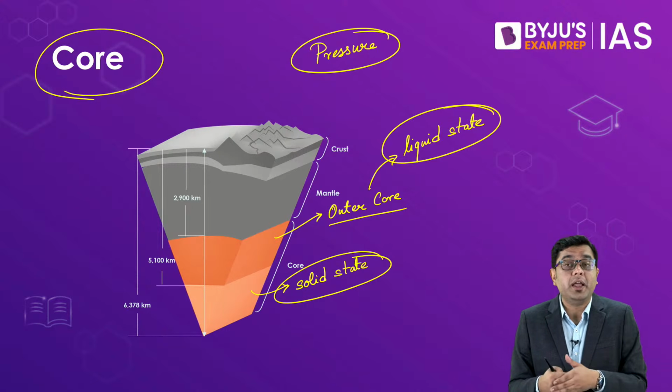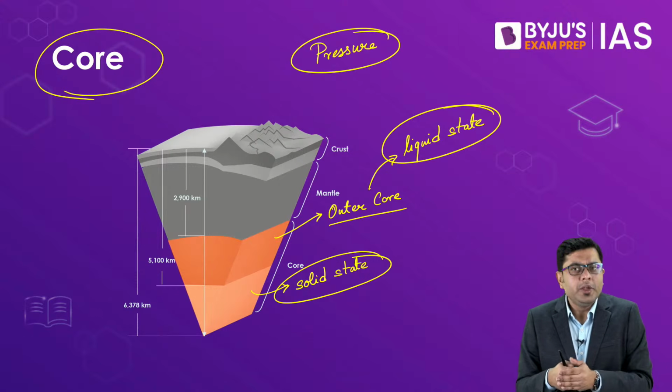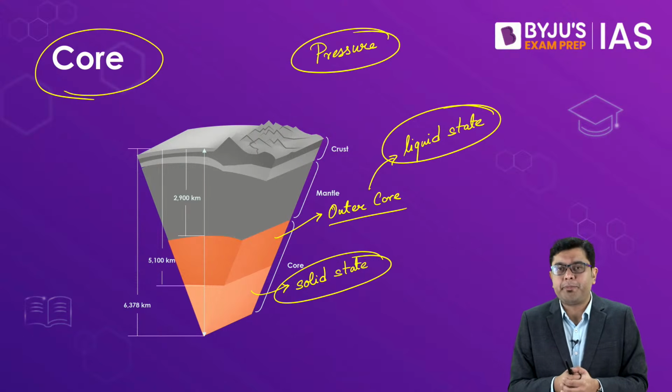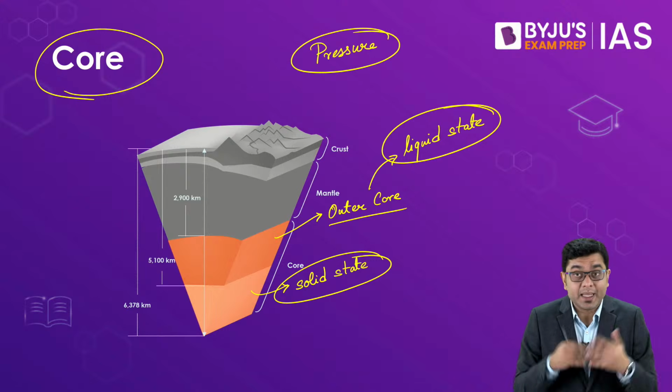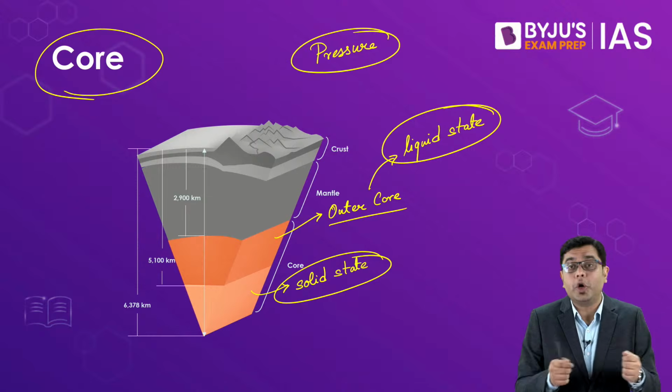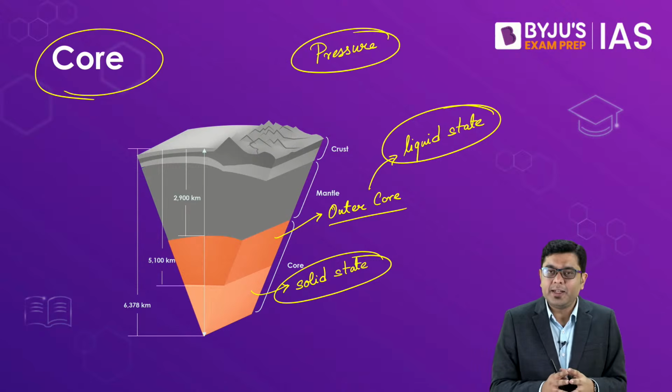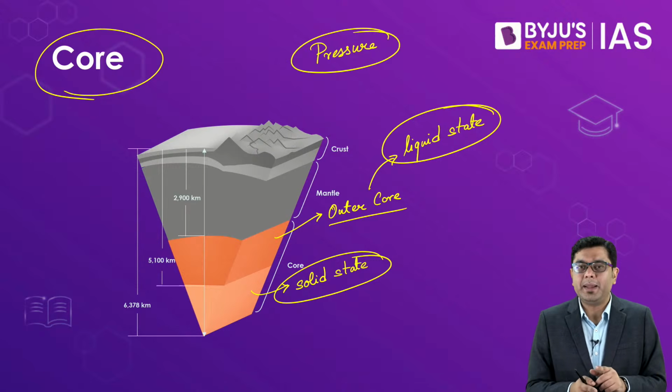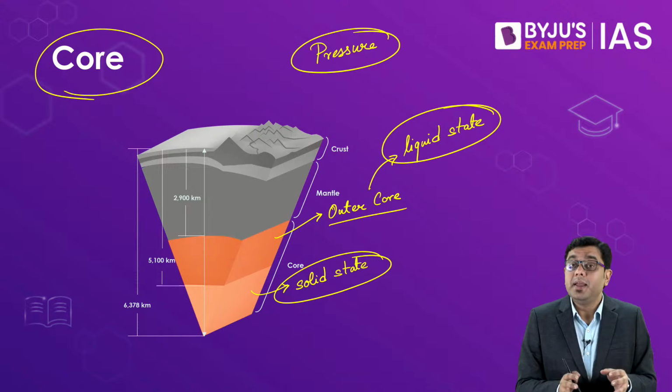And when you have the conversion from solid to liquid, you need a slight amount of expansion to happen. But in the region of the inner core, that expansion is simply not possible. As a result, despite the high temperature, they are still in a very hot solid state.